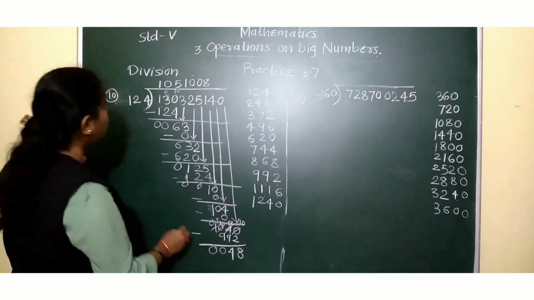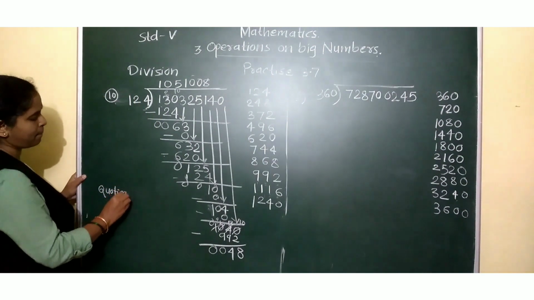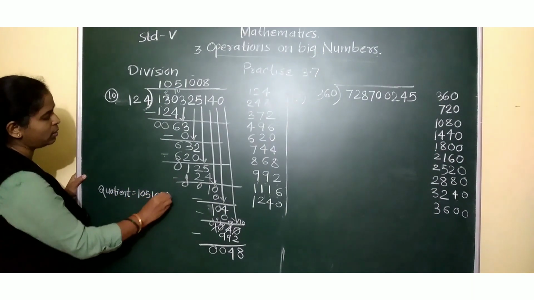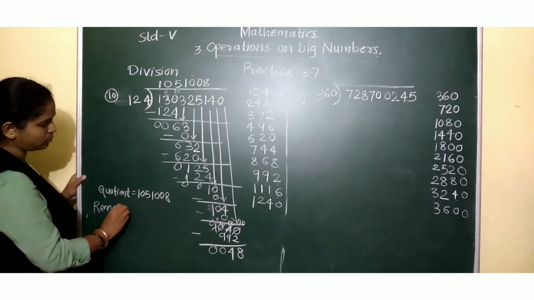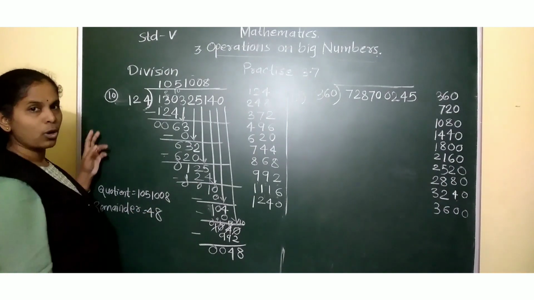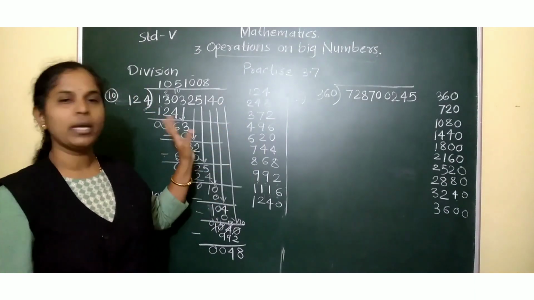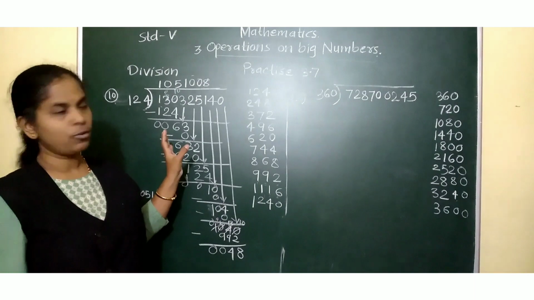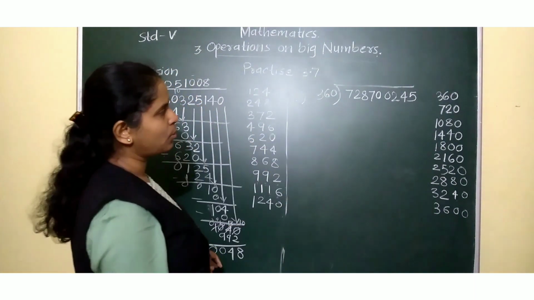So quotient is 105108 and remainder is 48. Followed? This is the answer. Here what is important? This table making is important and how to use that table in division. Followed? Now here see 360 and this such a big number it is.